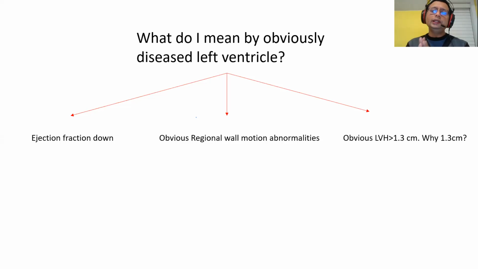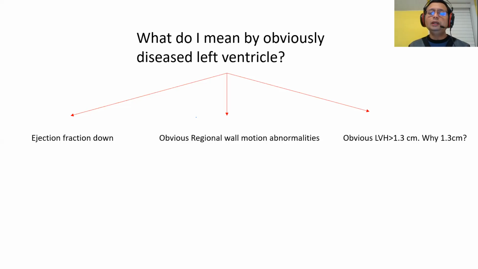Whenever I see the wall thickness, if it's more than 1.3 centimeter, I consider the patient to have left ventricular diastolic dysfunction. Now, the normal thickness of the left ventricle for male is 0.6 to 1 centimeter, and for female is 0.7 to 1 centimeter. So you might ask me, why 1.3 centimeter?